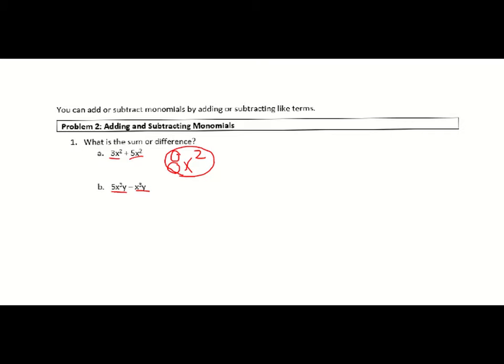So 5x cubed y minus 1x cubed y. Remember, if you don't see a coefficient, that means it's 1. So we're going to combine those coefficients. 5 minus 1 is 4. The variable is going to stay exactly the same, x cubed y. We do not change the variables. We are only changing the coefficients when we add or subtract. So 4x cubed y is a monomial that would have a degree of 4 because I have two exponents, 3 and 1.